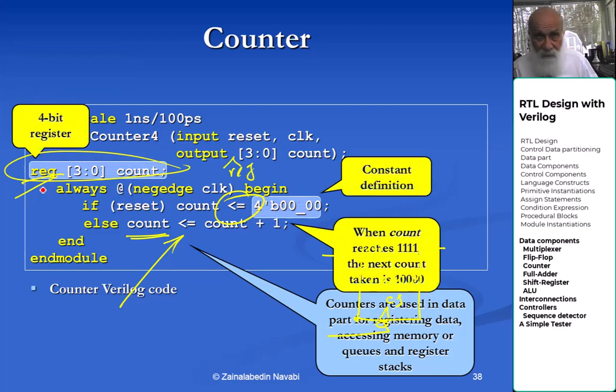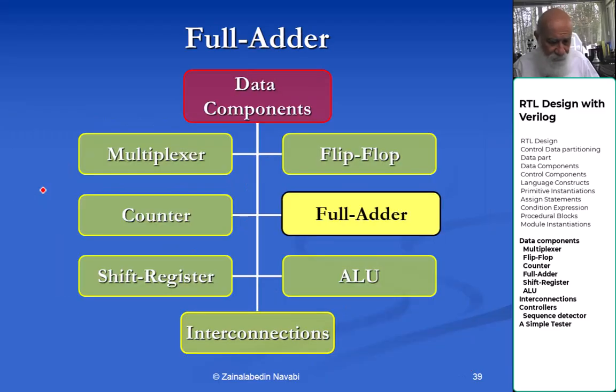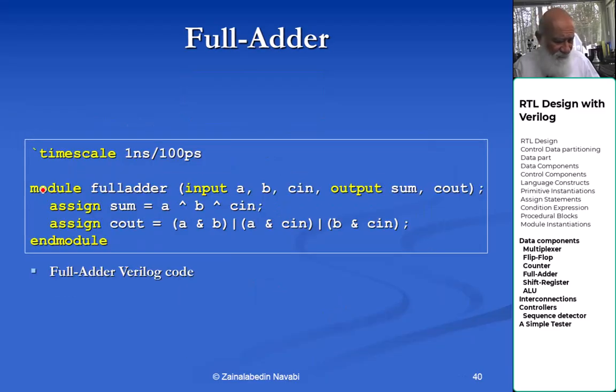Just reminding, I'm going to describe a full adder, and the full adder can be described by two Boolean expressions. The full adder is this: A, B, Cin, and then this is my sum output.